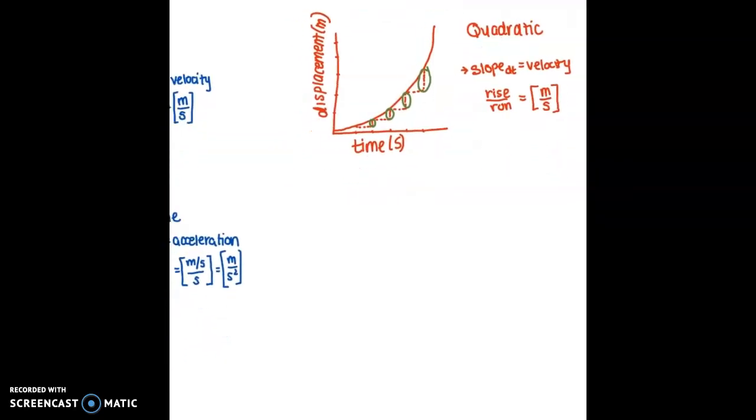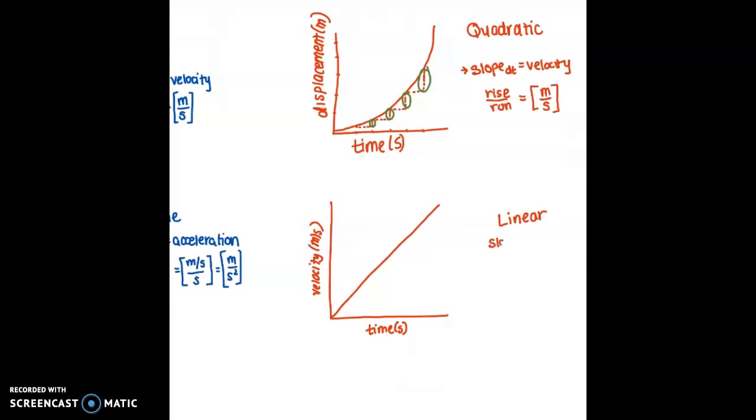In part 2 of this lab, we then changed our perspective and we started to make a time velocity graph. And on this time velocity graph, we got a linear pattern.